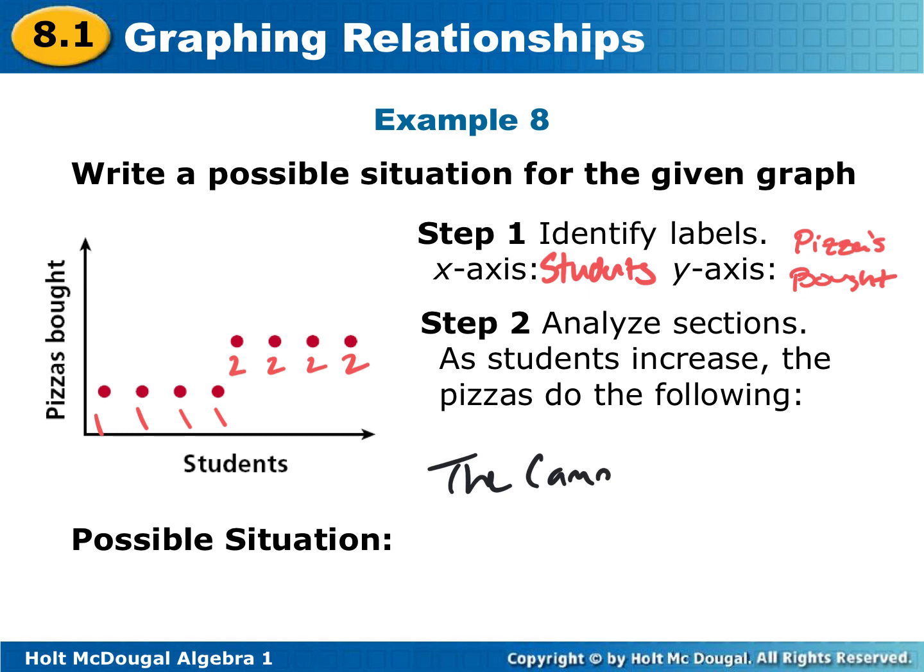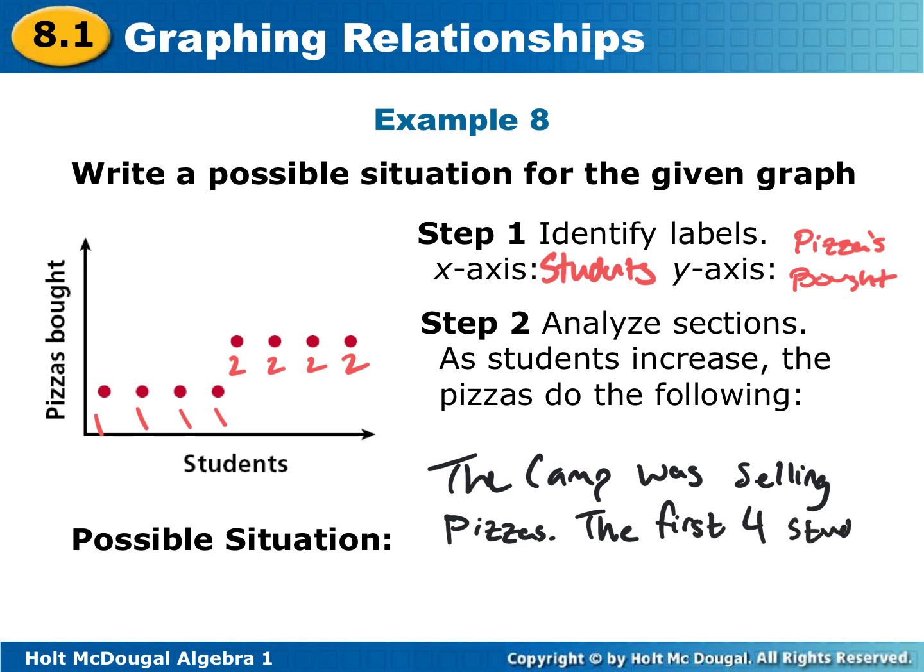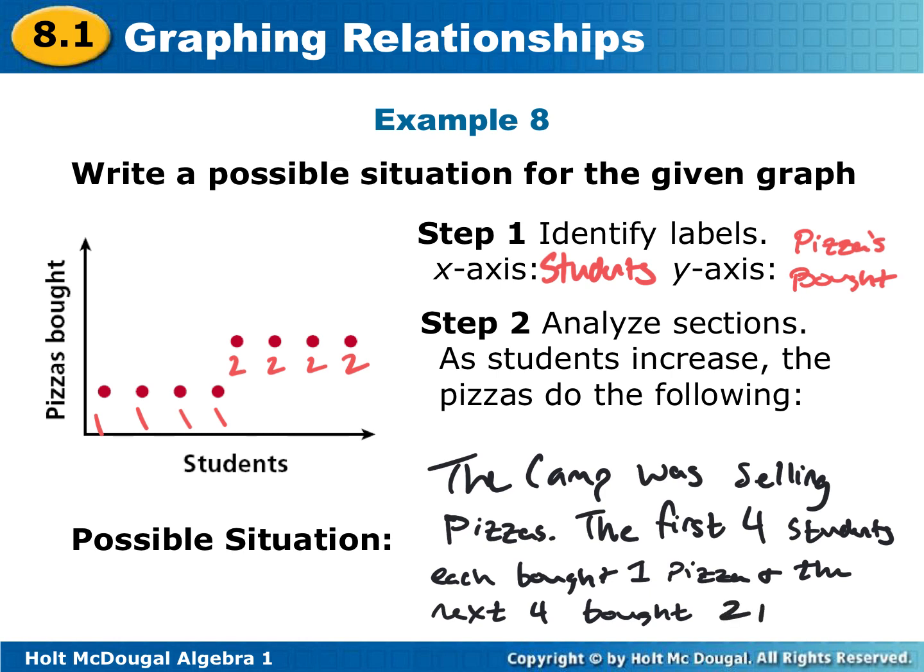The camp was selling pizzas. The first 4 students each bought one pizza, and the next 4 bought 2 pizzas.